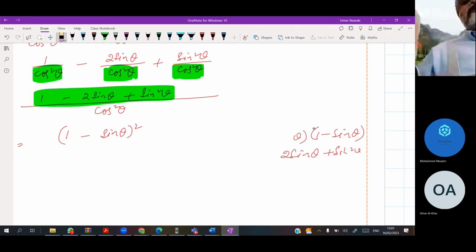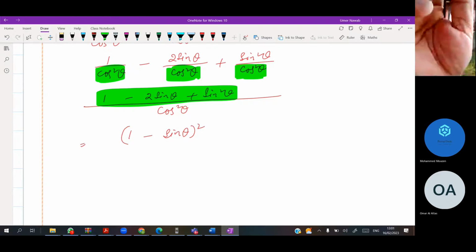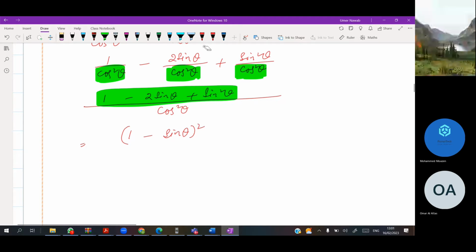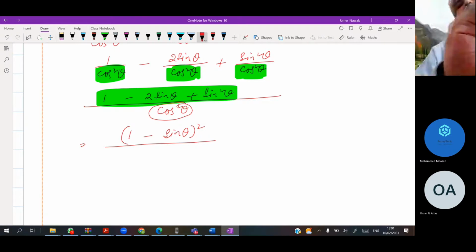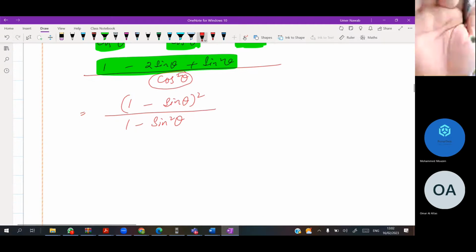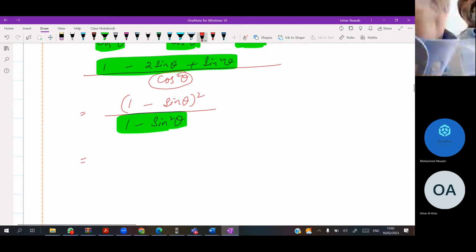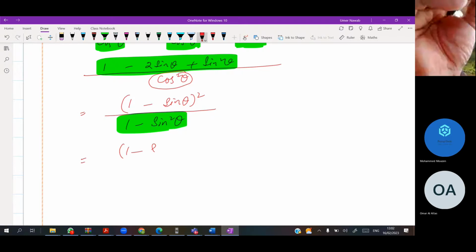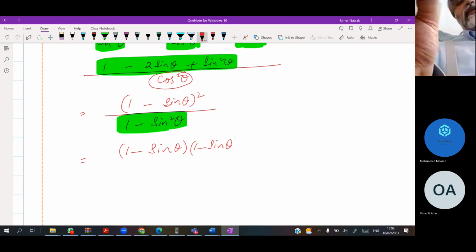So Mr. Omar said that the top thing can be written as 1 minus sine theta whole squared. And in the denominator, I'm going to write cosine square theta, by using the Pythagorean identity, which is cosine square theta is equal to 1 minus sine square theta. Now, the formula you remember, a squared minus b squared, should be written as, on the top, 1 minus sine theta, same bracket written 2 times, 1 minus sine theta and 1 minus sine theta.